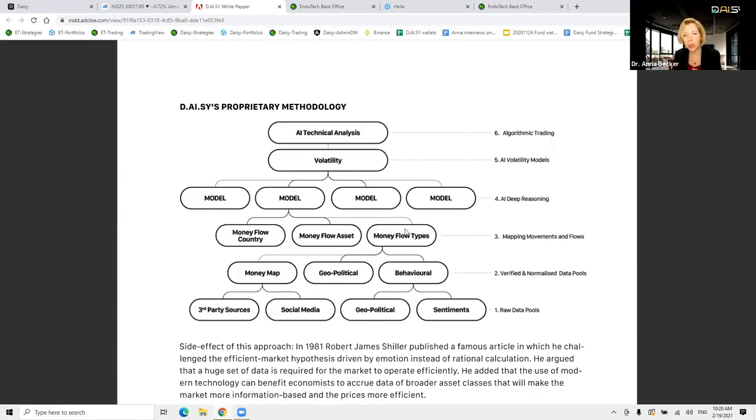So we will see this from the first level of deep reasoning, because this deep reasoning will tell us, for example, that there are no additional stories that come from the political environment. There are no additional stories that will come from other markets. Other markets become stronger, and so on. So there will be lots of different explanations that will come into the deep reasoning for the volatility model.